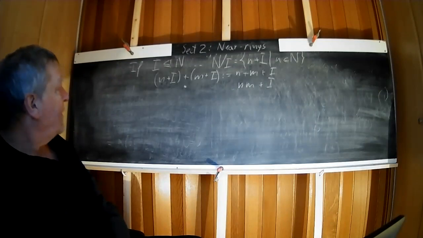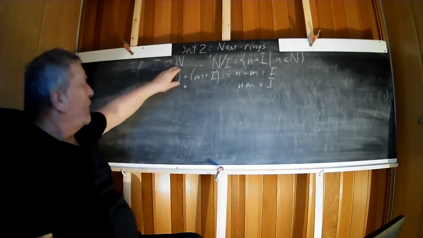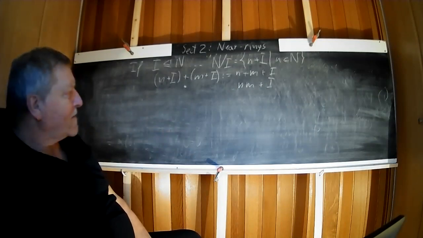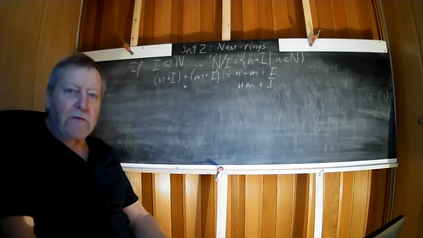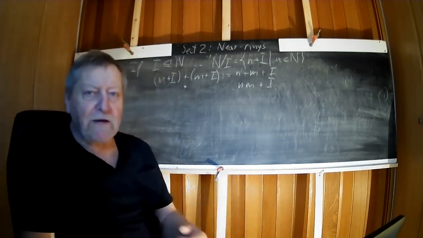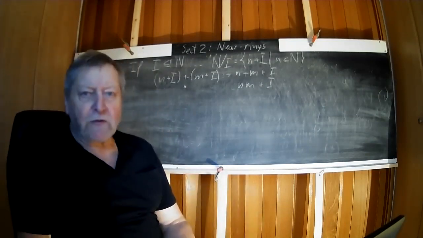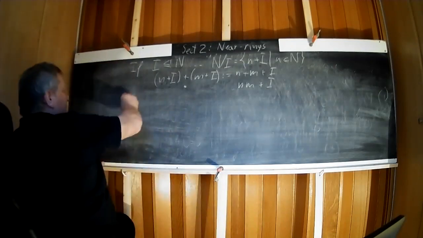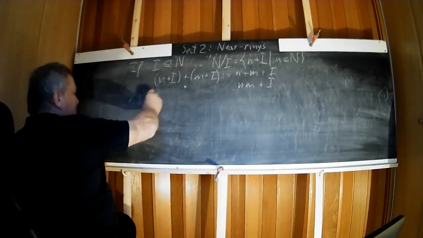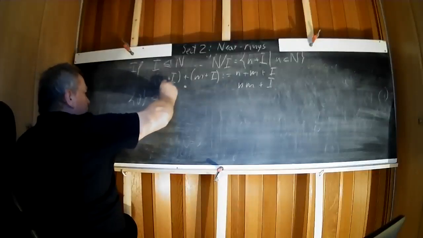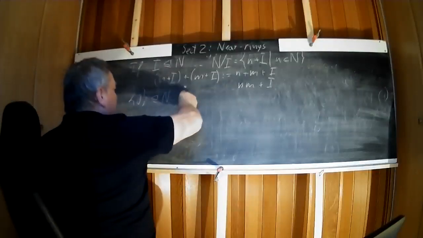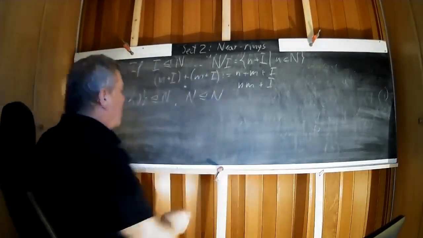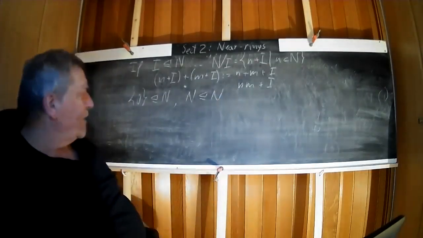Occasionally, it might be that you have a near-ring and you have very few ideals. Now, you always have two ideals. One is 0 itself. So 0 alone is always an ideal of N. And N itself is also always an ideal of N. So these are the two trivial ideals.